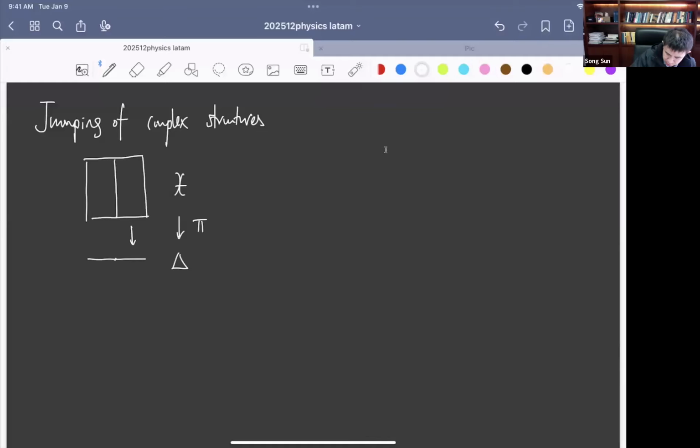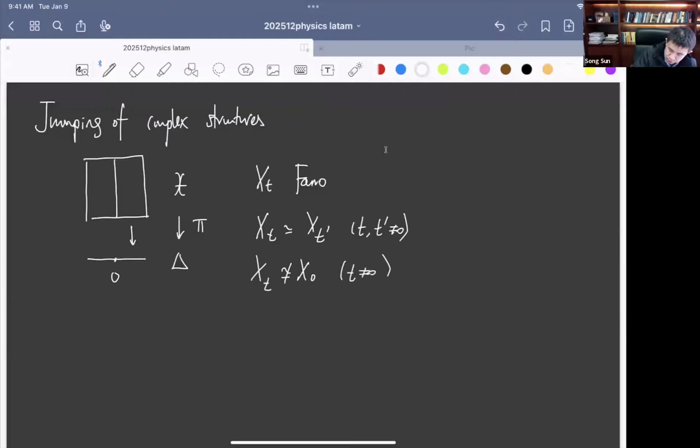Each fiber X_t is a smooth Fano manifold, but X_t is isomorphic to X_t' when t is not equal to t' and not 0, and X_t is not isomorphic to X_0. So the complex structures are isomorphic except for the central fiber, jumping up. This phenomenon can happen.